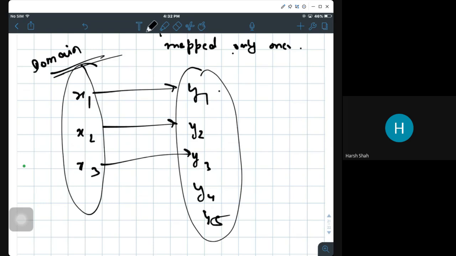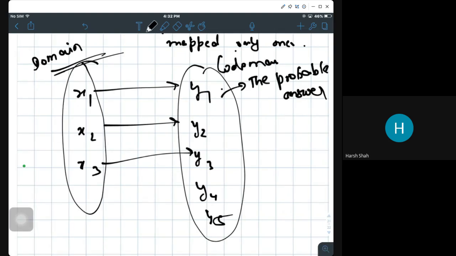Or you can say domain is the set of x that exists. Codomain is the probable answer. Probable answer means the answer is only from this. There is no other answer except this. This is known as codomain.